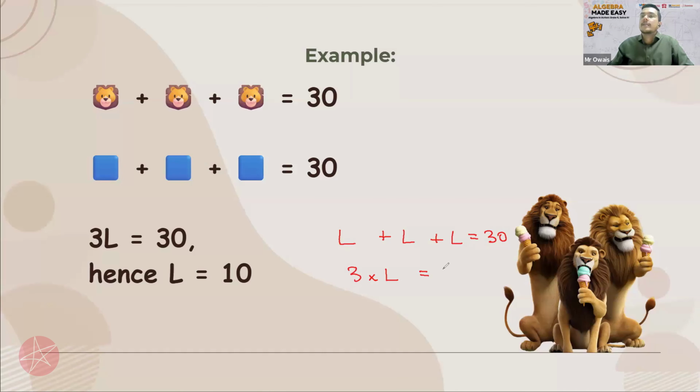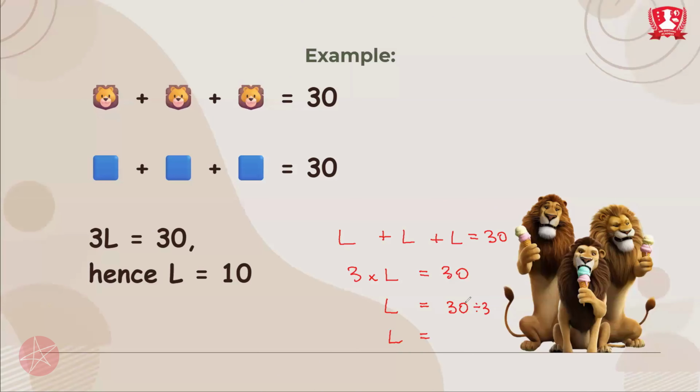So 3 times L equals 30, and you guys were able to figure out earlier, remember? What should L be equal to here? L should be 30 divided by 3, right? 30 ice creams divided by 3 lions. So L comes out to be, how much was it again? Please remind me. 10. So this is basically what algebra is.